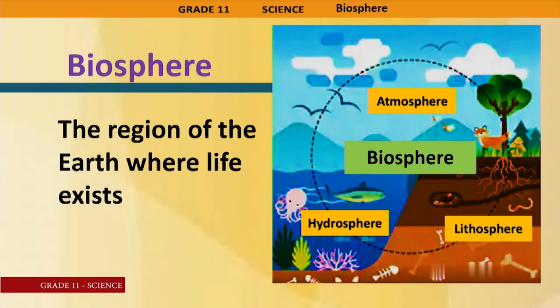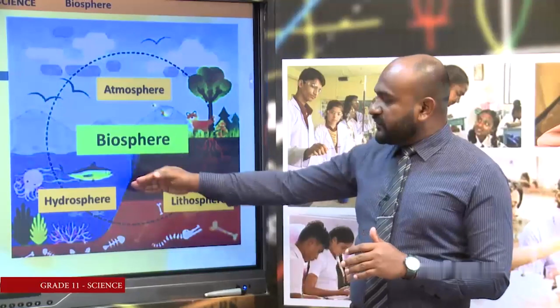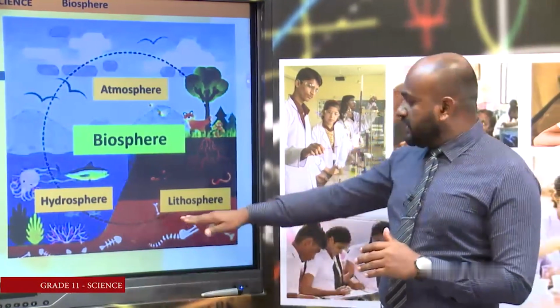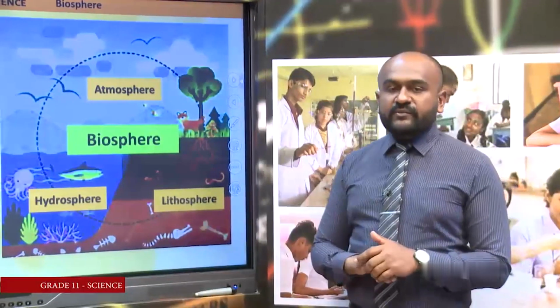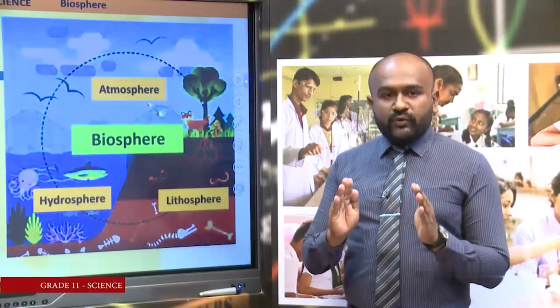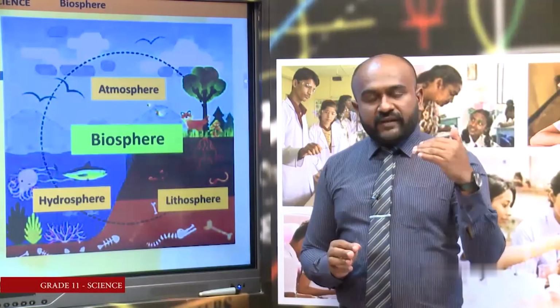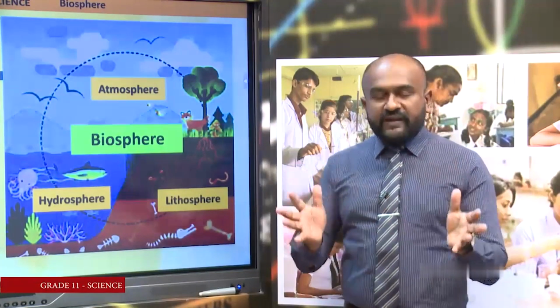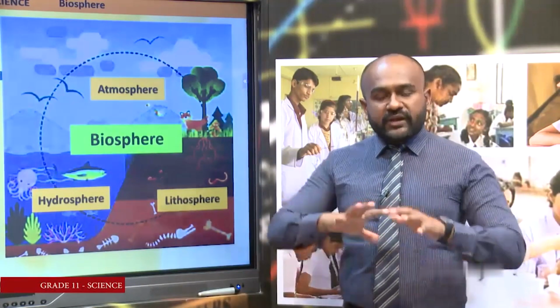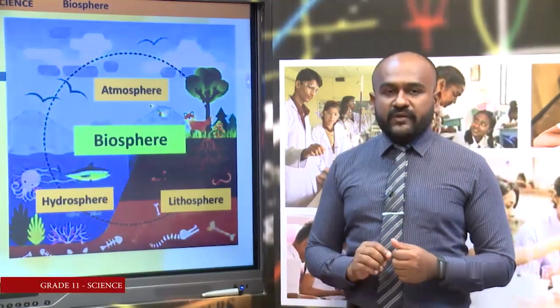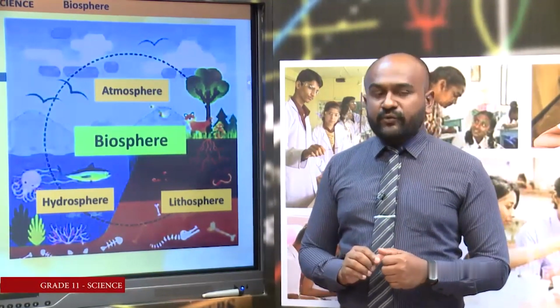It can support life. And to a certain depth of water organisms can live, and to a certain depth of lithosphere also organisms can live. So, in this way when you get the atmosphere and when you get the hydrosphere, when you get the lithosphere, there is a part which can support life. So, when you take all these things together, we call that the biosphere. Okay. Now, let us see what we are going to do next.